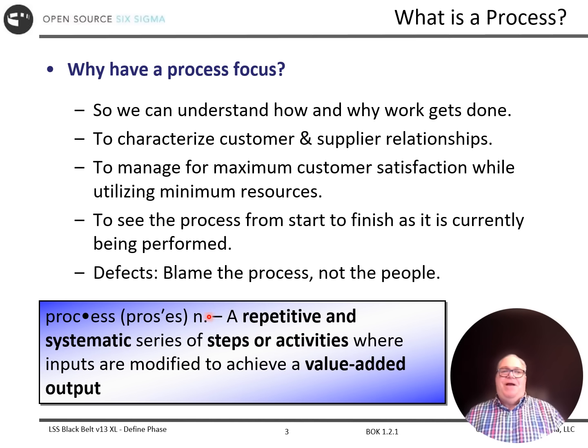So we say down here, the definition, a repetitive and systematic series of steps or activities where inputs are modified, inputs are turned into outputs, to achieve a value-added output. So what are the steps where we take the inputs, do some value-added activities, and produce an output?